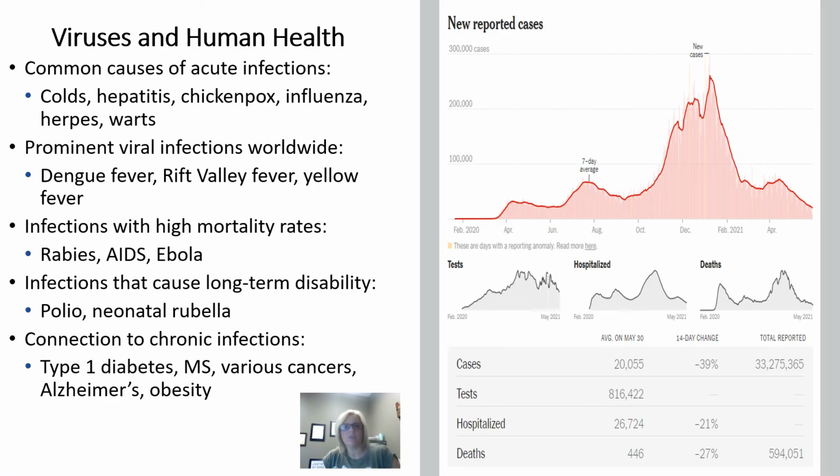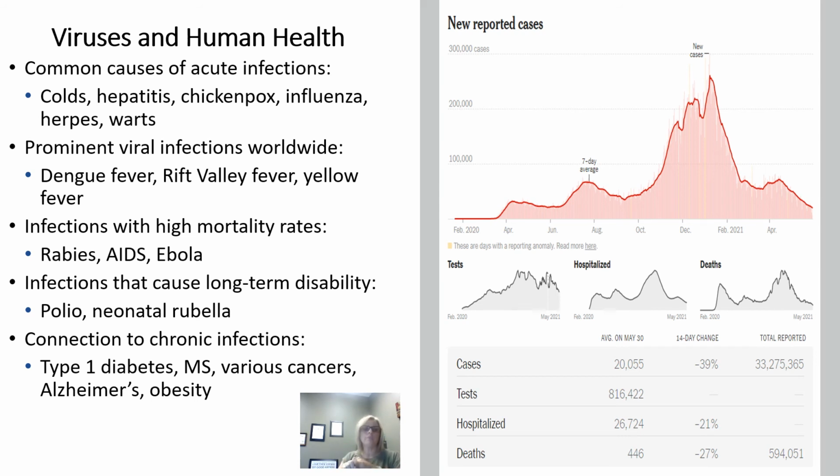There are many, many viruses that affect human health: hepatitis, chickenpox, influenza, colds. Common cold is caused by rhinovirus and coronaviruses. Of course, a lot of viruses are very prominent worldwide that we don't necessarily see as much here: dengue fever, Rift Valley fever, yellow fever. We have many that have really high mortality rates. Rabies is one of the absolute highest, and we'll get into that later on.